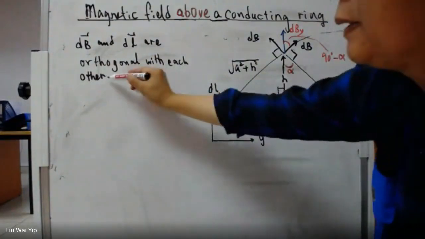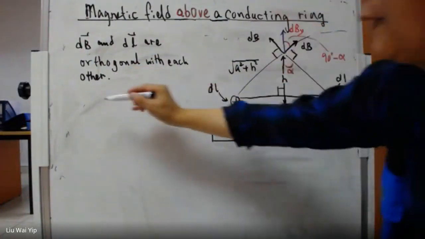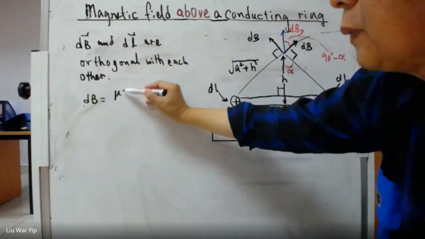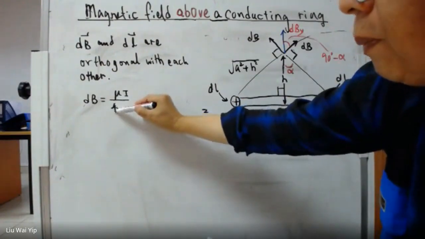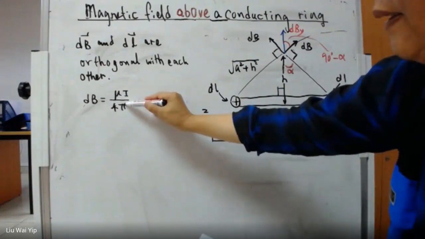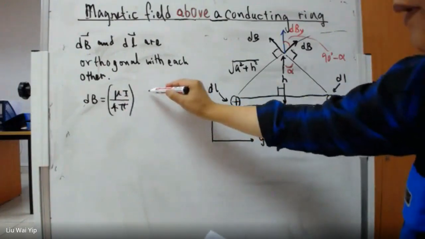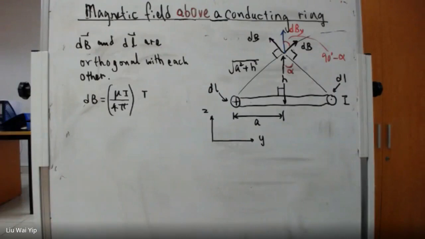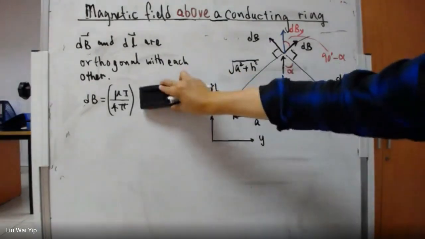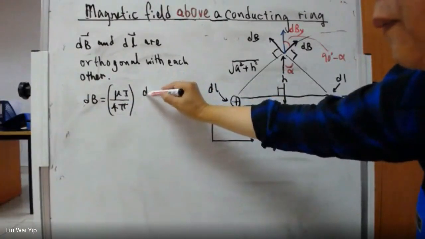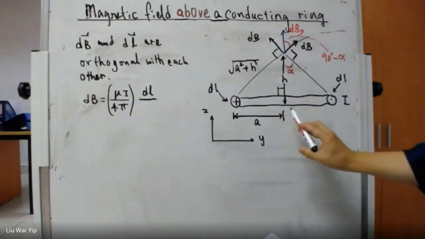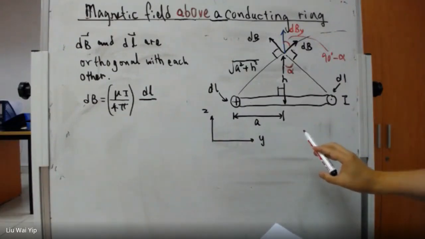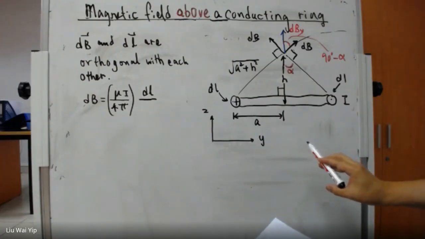So in this case, we can write down dB is equal to mu I over 4 pi, multiplied by delta L divided by the length squared.